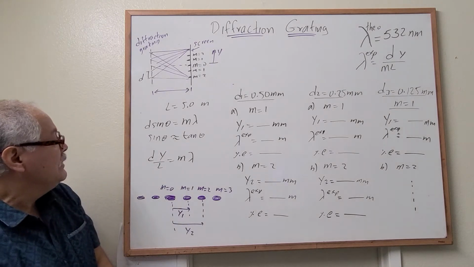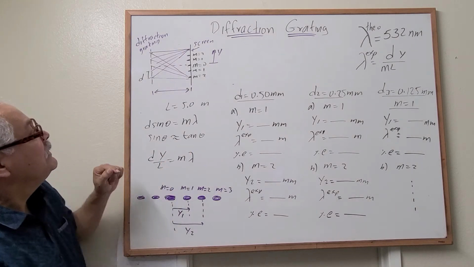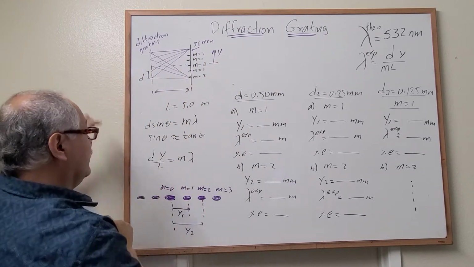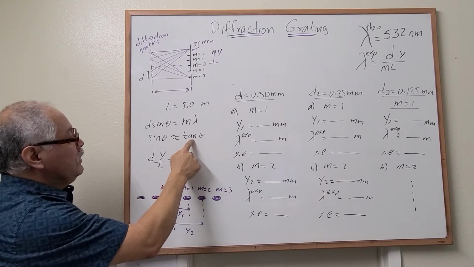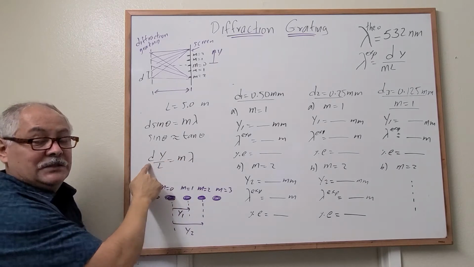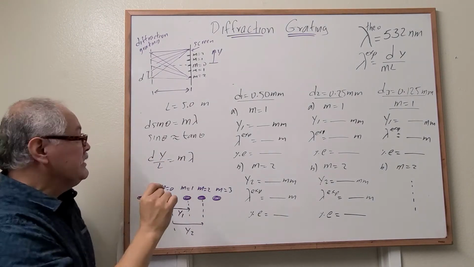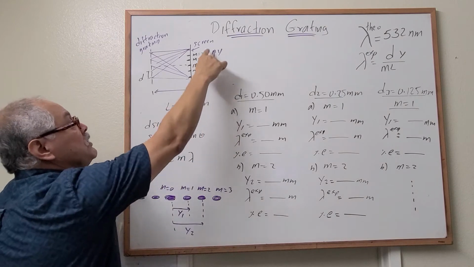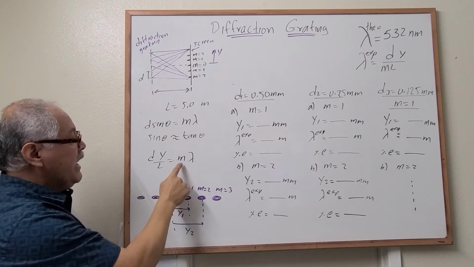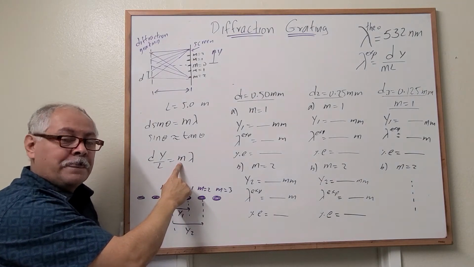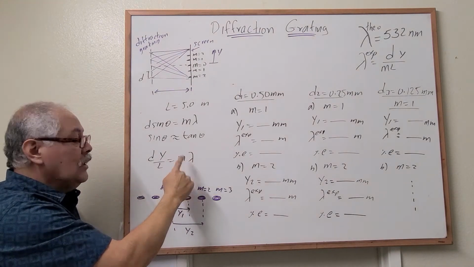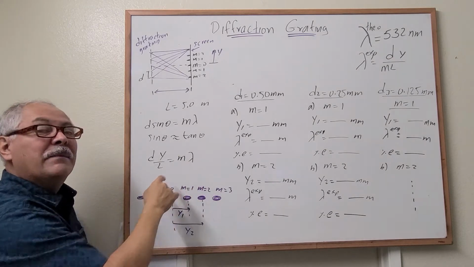When that happens, we use tangent, and we make an angle right here to make a right triangle, and tangent is going to be y over L. When we apply this condition, y over L equals d, the distance between 2 slits, times y, from the center to any bright fringe, divided by L, which is fixed, equals m, the order number for constructive interference or bright fringes, times the wavelength of the source.